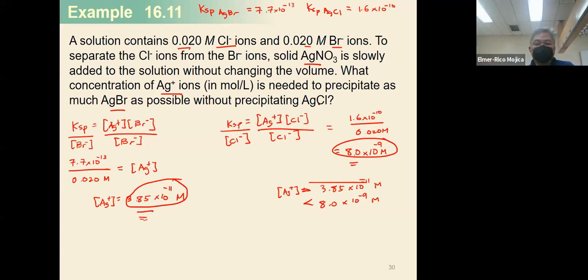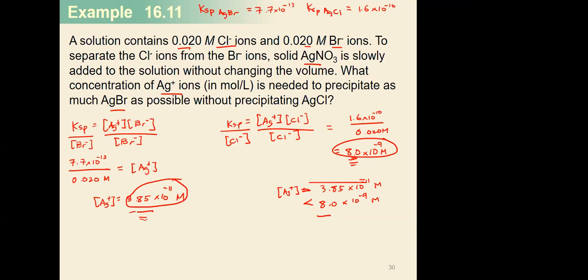So you need the silver ion concentration to be less than 8.0 times 10 to the negative 9, but more than 3.85 times 10 to the negative 11. So you're precipitating only the bromide. But once you reach 8.0 times 10 to the negative 9, you're going to start precipitating the chloride. Okay? Thank you.